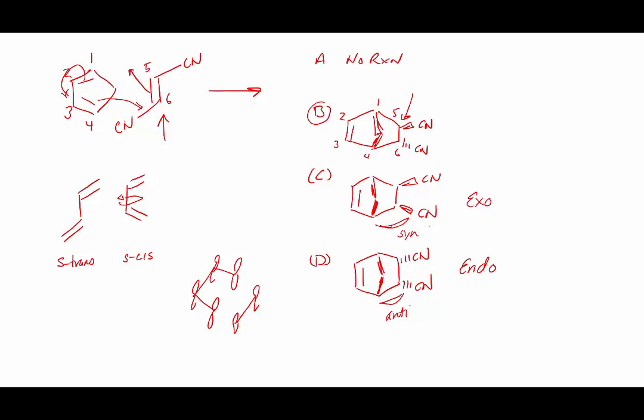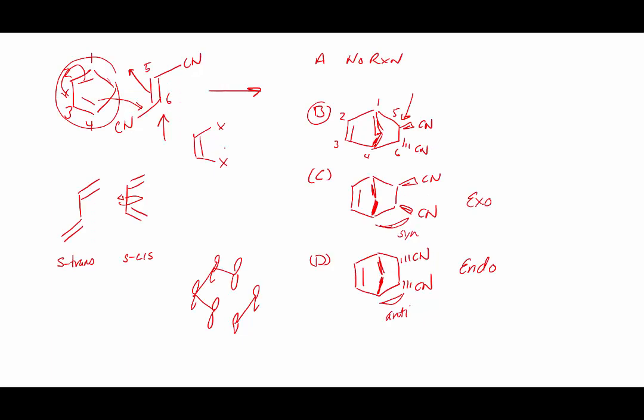Lisa? You said this is a different concept, so I guess because you started off writing out the first structure saying that on the essay, DNA was the first requirement for an endo product. So for an endo product, you have to have two things. You've got to have a cyclic diene like this, and then it has to be a cis alkene. That's the only way you'll get an endo product.